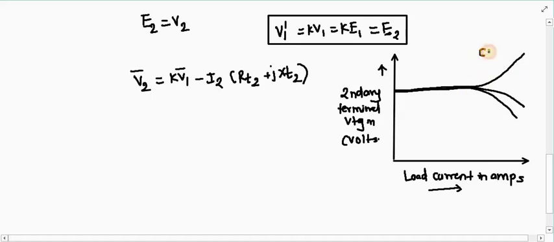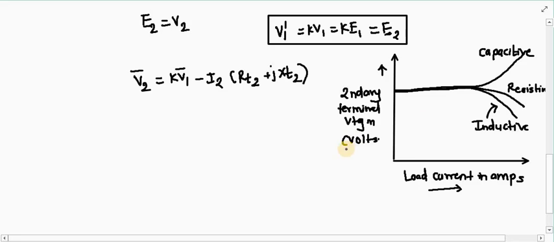So this is for capacitive load. This is for resistive load. And this is for inductive load.